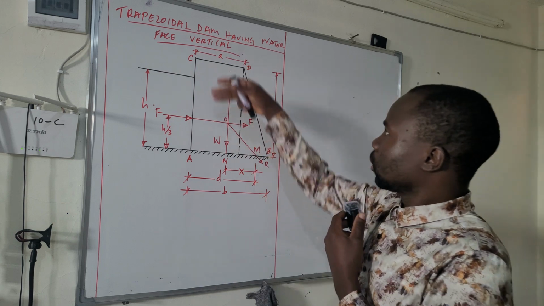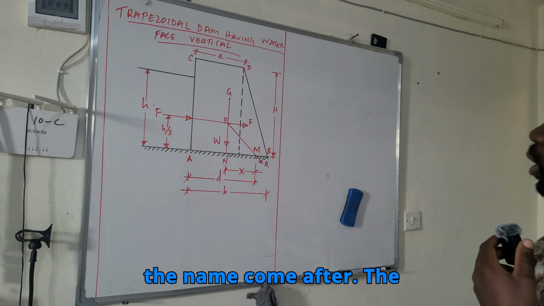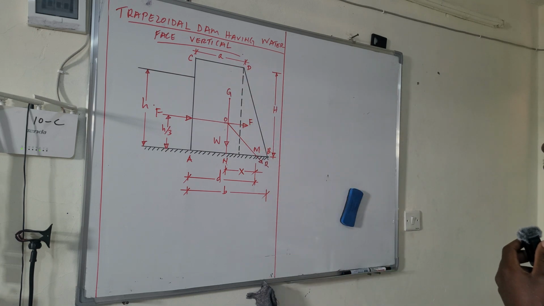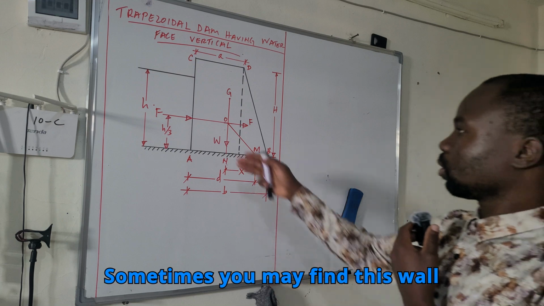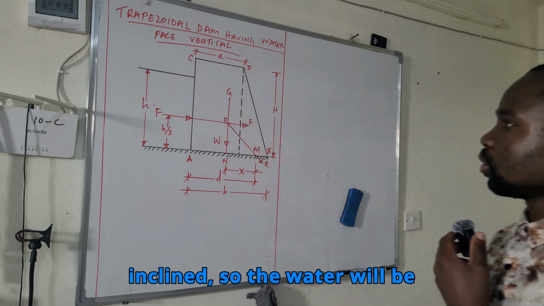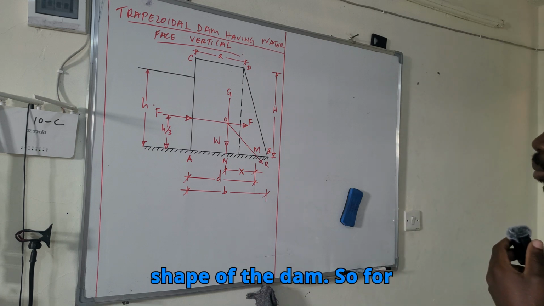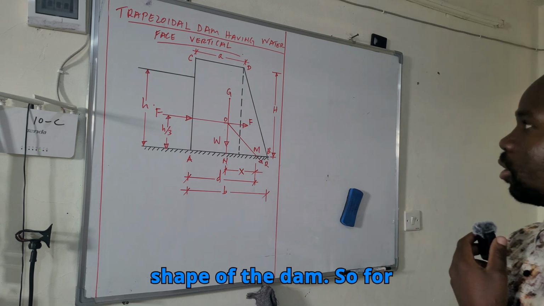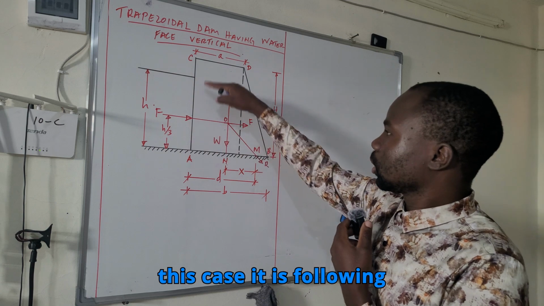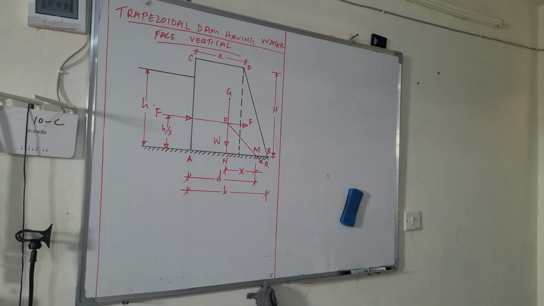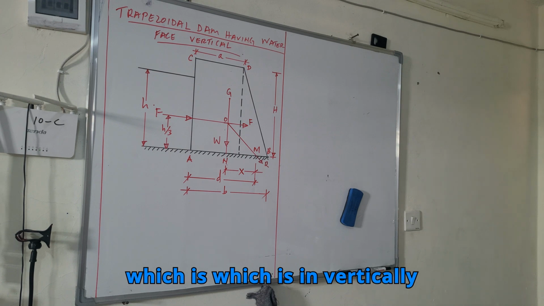So the name comes after the verticality of the wall of the dam. Sometimes you may find this wall inclined, so the water will be inclined. It will follow the shape of the dam. For this case, it is following this shape of the dam, which is vertical.